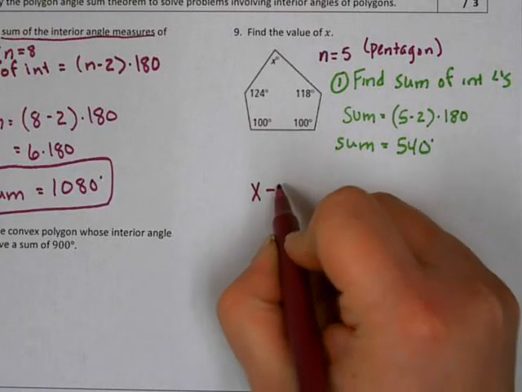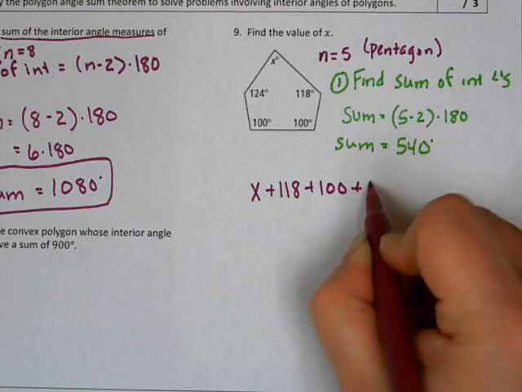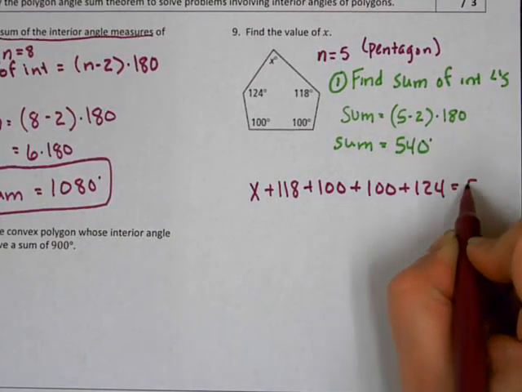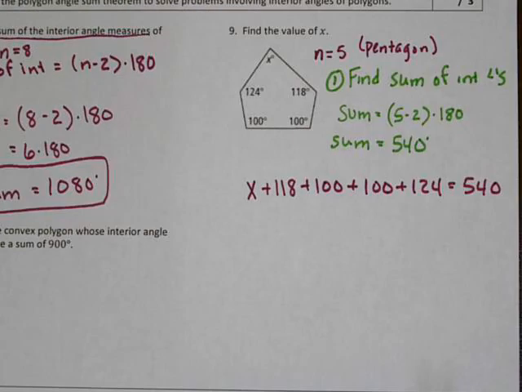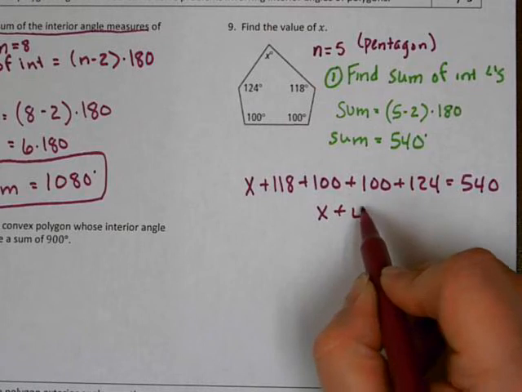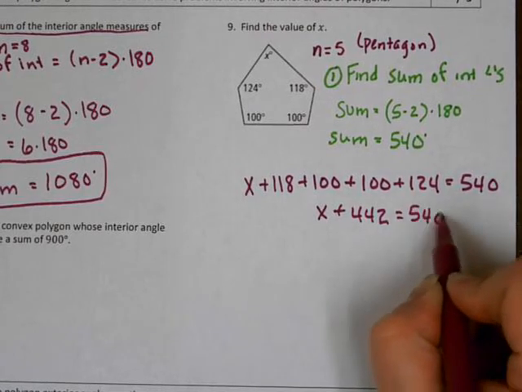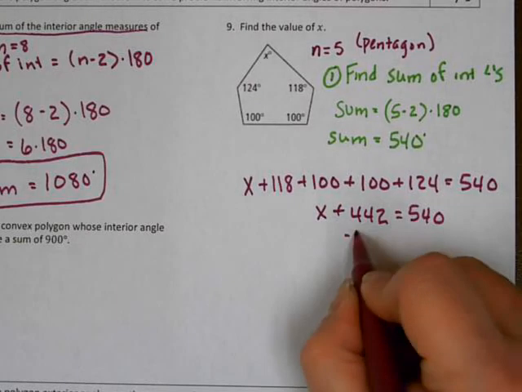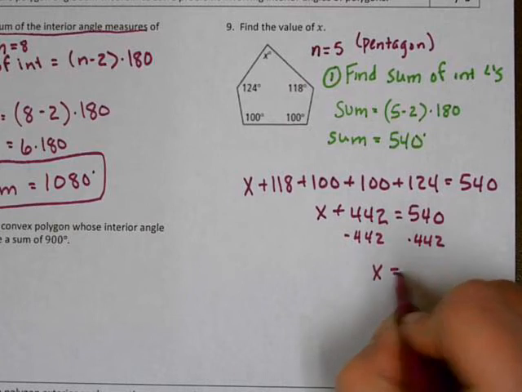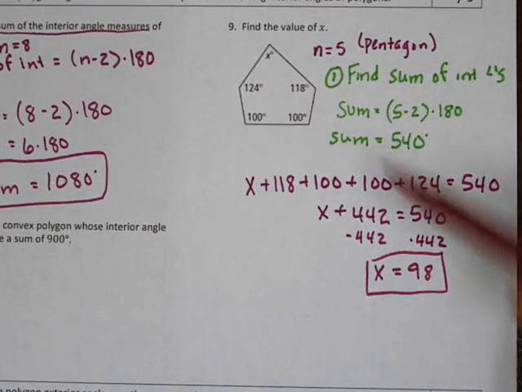So x plus 118 plus 100 plus another 100 plus 124 has to equal 540. If we combine like terms, we get x plus 442 is equal to 540. Then we just need to subtract the 442 from both sides. So we get that x is equal to 98. That is our answer for question 9.